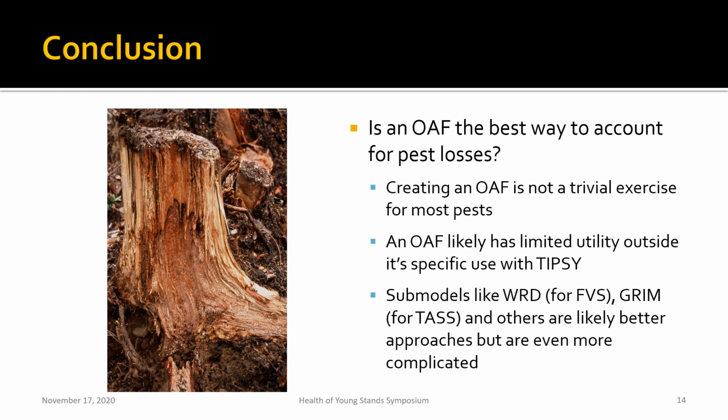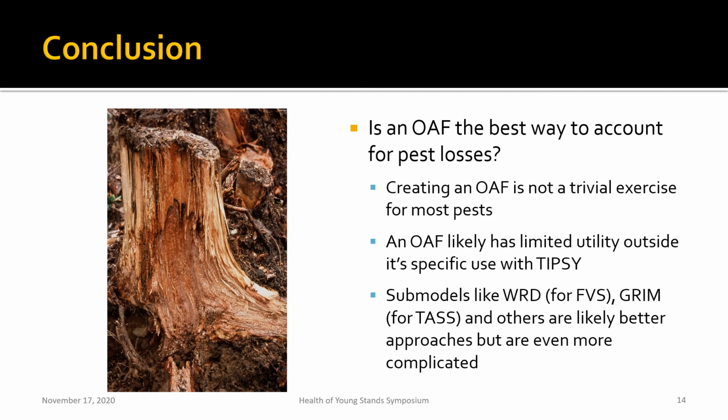Submodels, like the Western root disease model that's used with the Forest Vegetation Simulator in the US, GRIM, the gall rust model that's being used in TASS for Western gall rust, and others may be likely better approaches to take when modeling pest problems, because they're looking at them specifically in how they interact with their hosts, how dynamic they are within those stands.